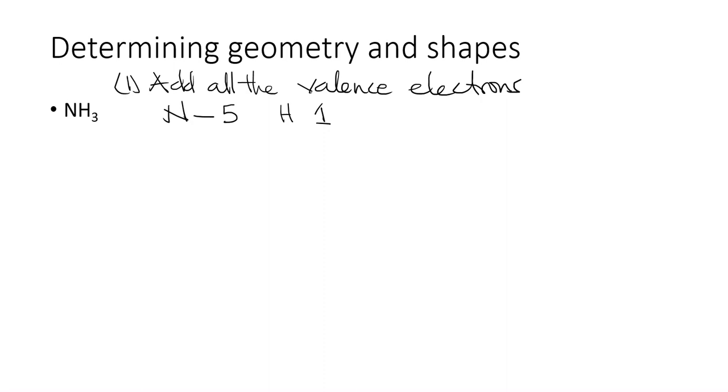So if you add all the valence electrons, we'll have 5 from nitrogen, 3 times 1 from hydrogen, to give us 8 valence electrons. So ammonia also has 8 valence electrons.